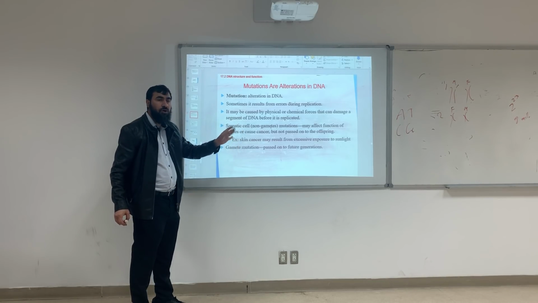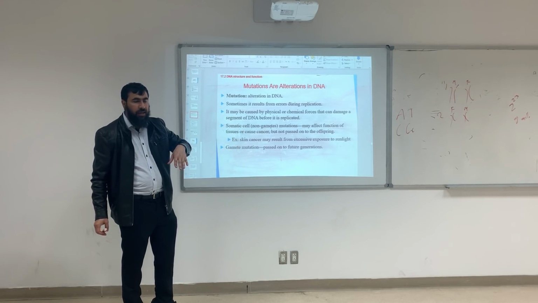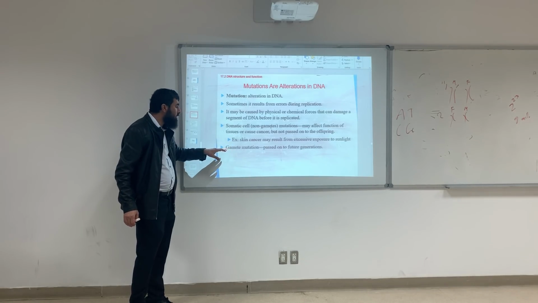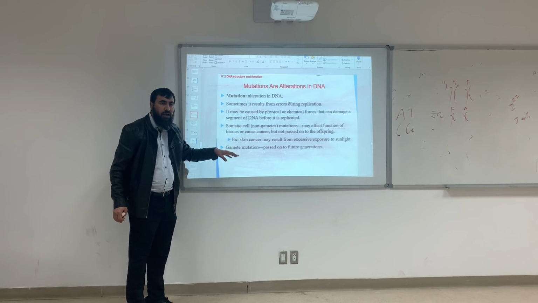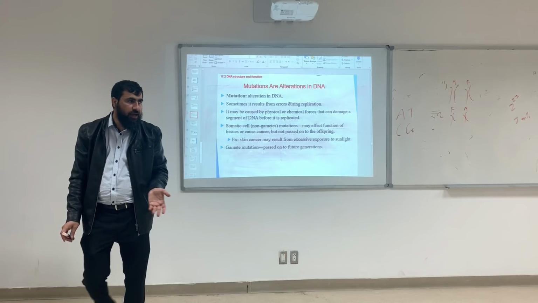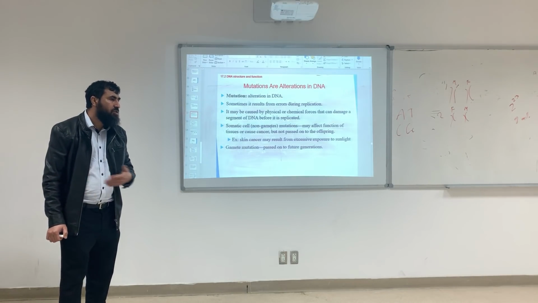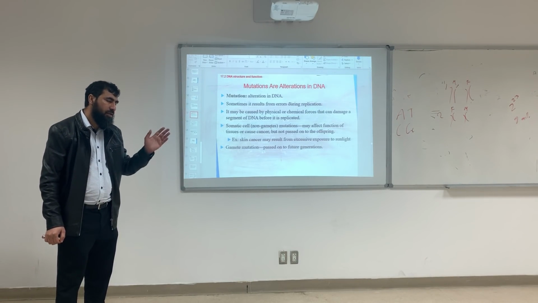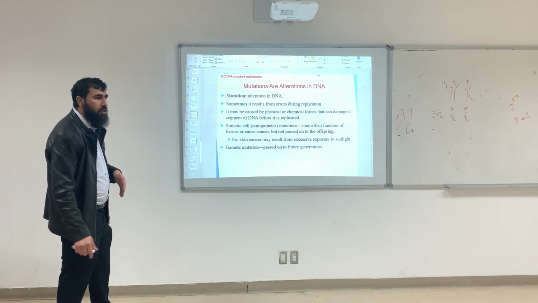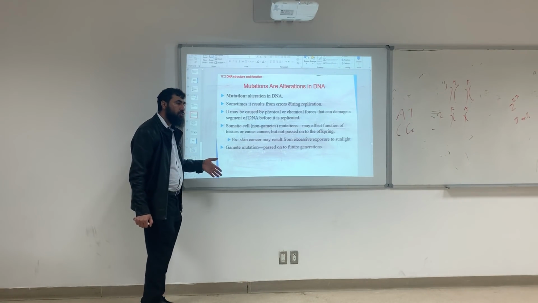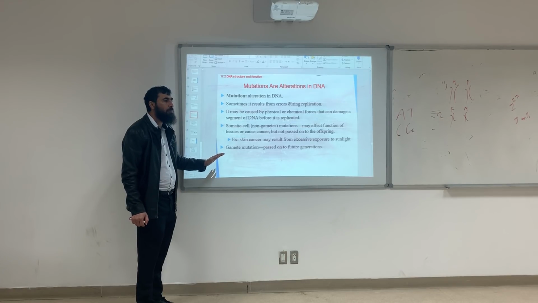They cannot be passed on to the offspring, okay? But if they occur in the gametes, like sickle cell anemia, or some of the traits that you have, like thalassemia, and so on, they can be passed on to the next generation because they happen in the gametes.